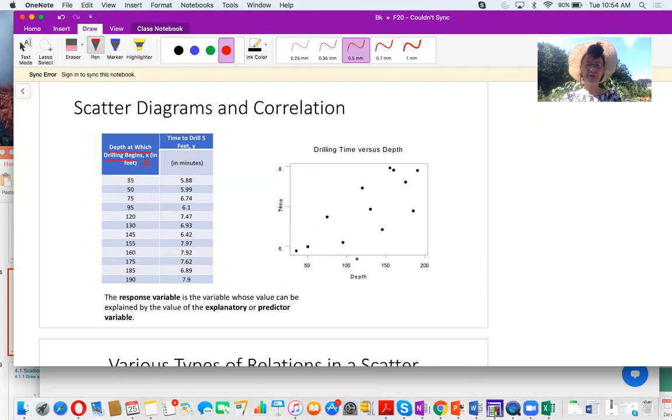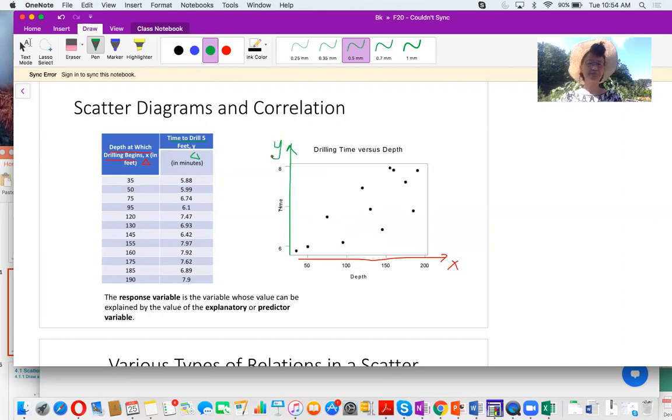So the depths, those are my x. The other variable is the time to drill 5 feet. Time to drill 5 feet, that is y. So this horizontal line is y. Time to drill 5 feet.